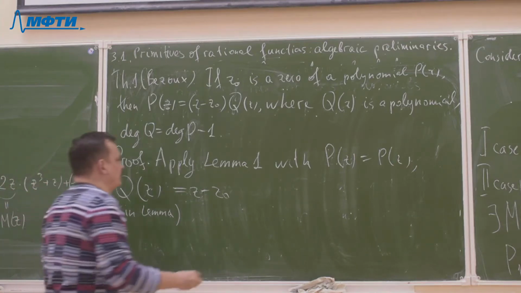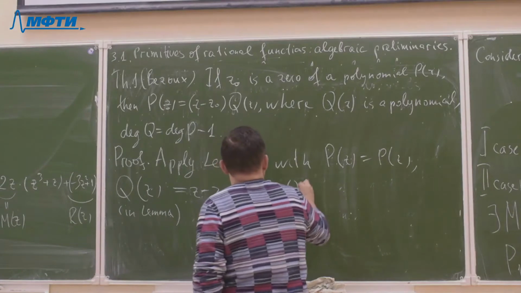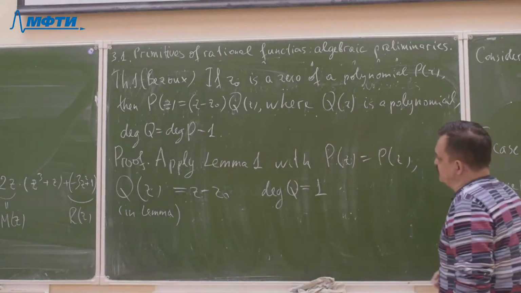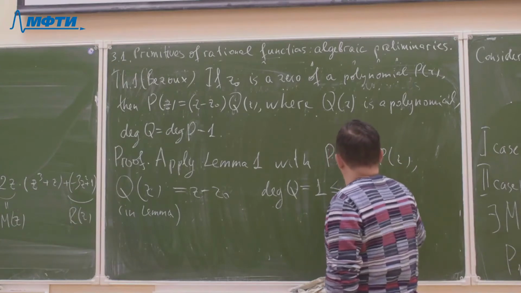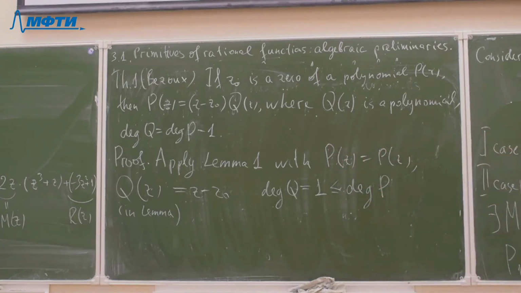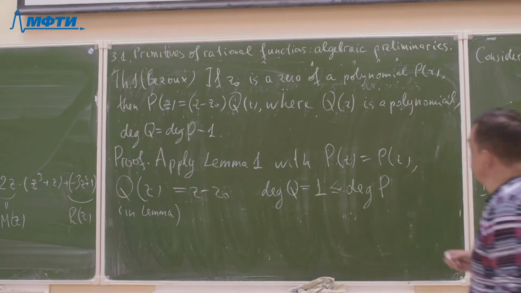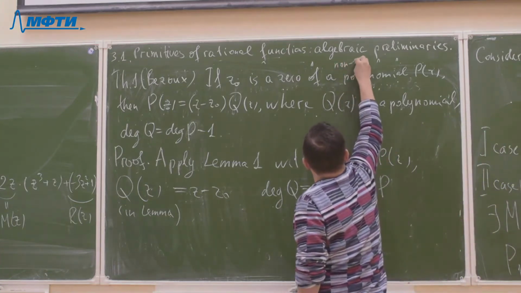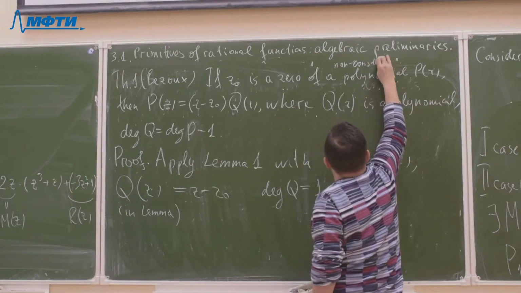So the degree of Q is 1, and it is certainly less or equal than the degree of P. Why? Because if Z0 is a zero of a polynomial, then for sure the polynomial has degree at least 1. A non-constant polynomial.